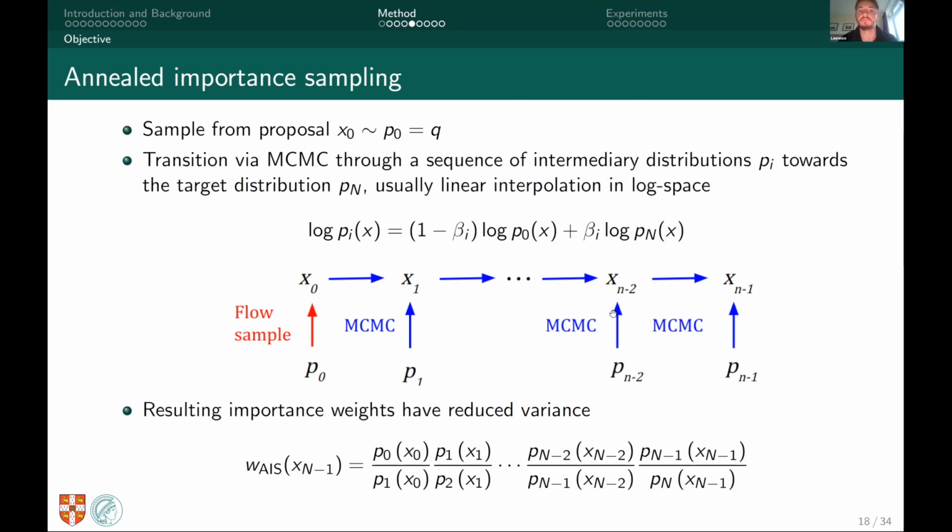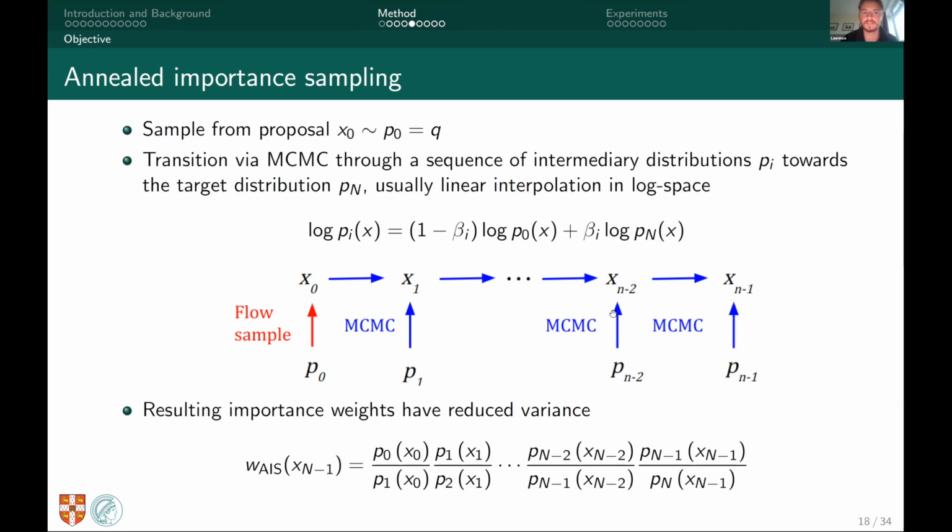Using those samples from the final stage of MCMC, you can estimate expectations with respect to P_n with the formula given at the bottom of the slide. By the end of annealed importance sampling, you have samples close to, not exactly from, P_n, corrected to do importance sampling. And this has much lower variance than if you naively estimated some expectation using samples directly from Q.